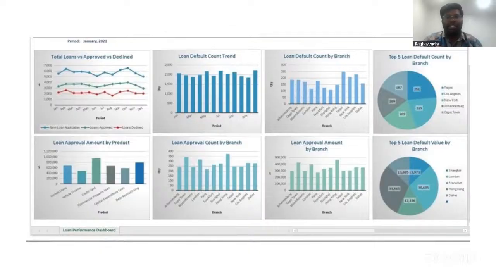We have different views. In the system, like I was mentioning again and again about measuring the performance, the performance can be measured for a month, for a quarter, or for a year.